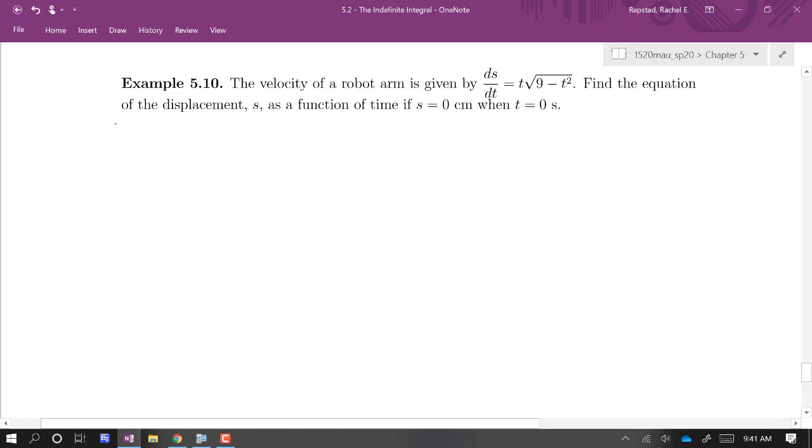So I'm going to start with this bit they gave us, ds/dt equals t times, and I'm going to take that square root and write it as a 1/2 power. I'll multiply both sides by dt.